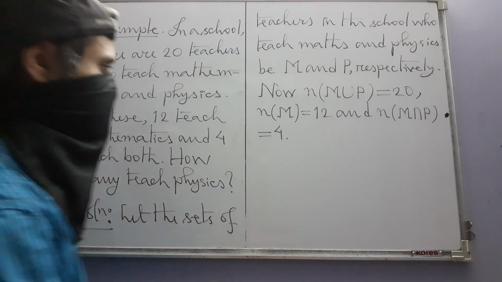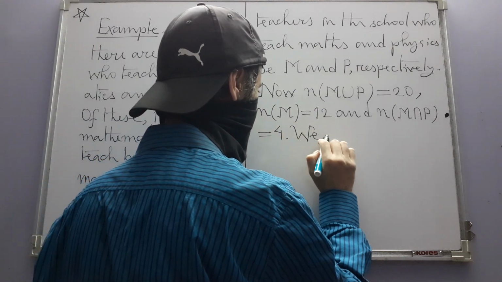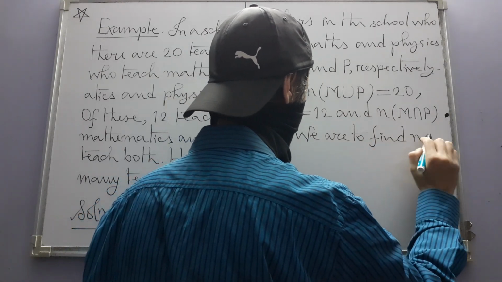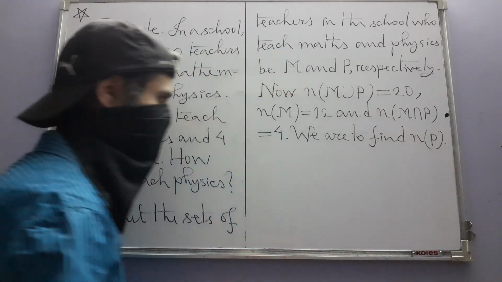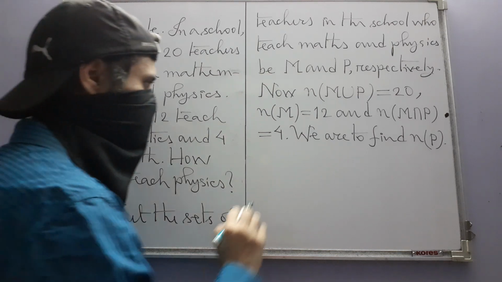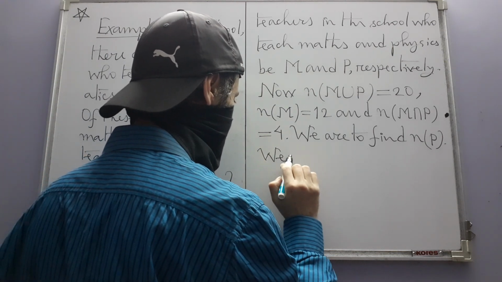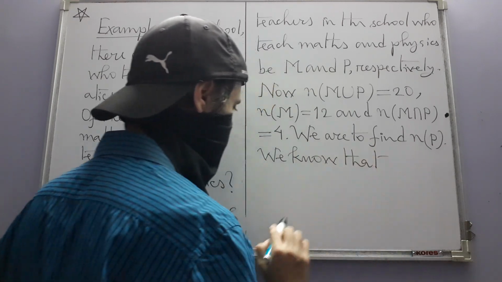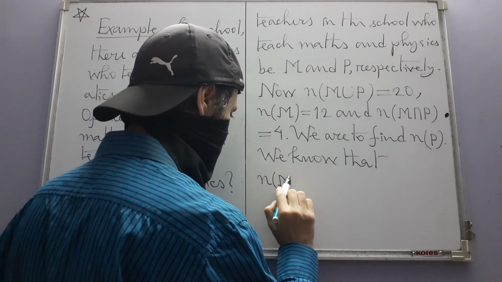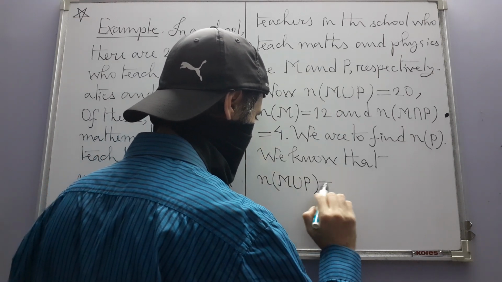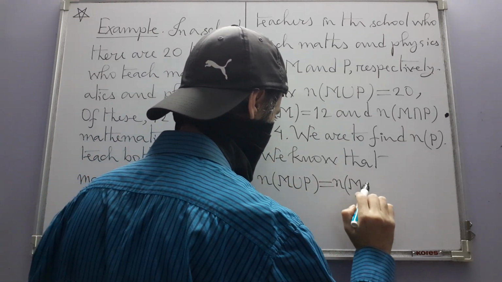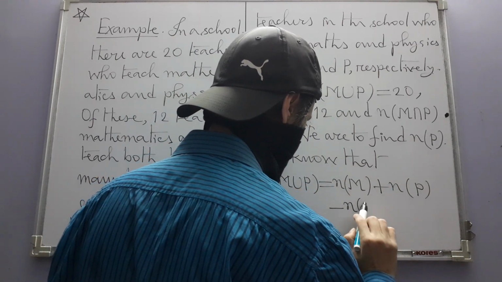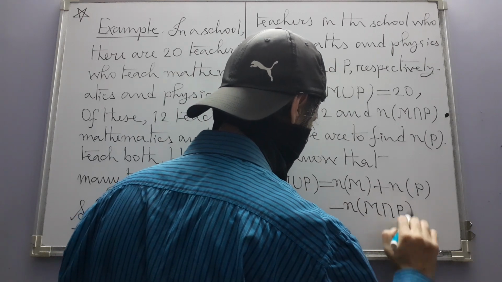You should also write this. We are to find the number of physics teachers. We know that n(M union P) is equal to n(M) plus n(P) minus n(M intersection P).